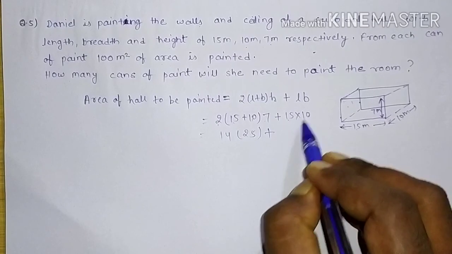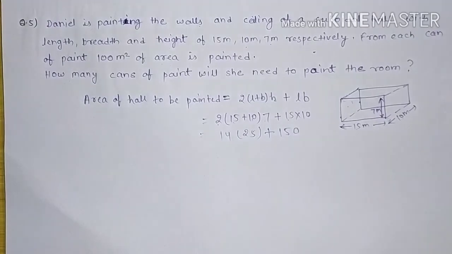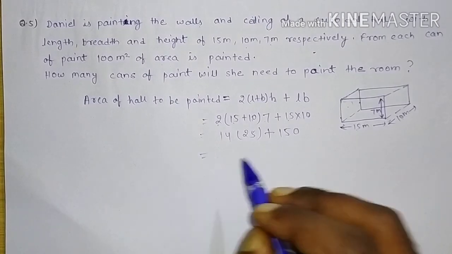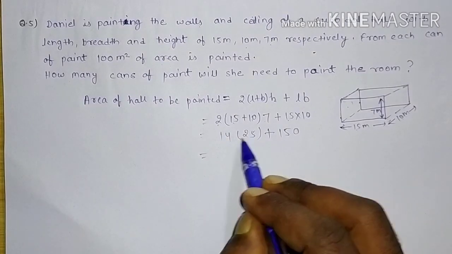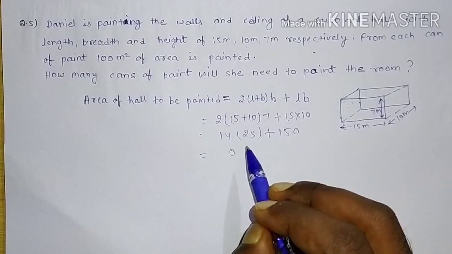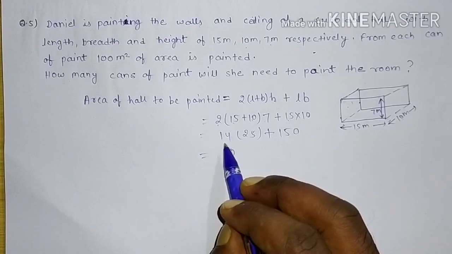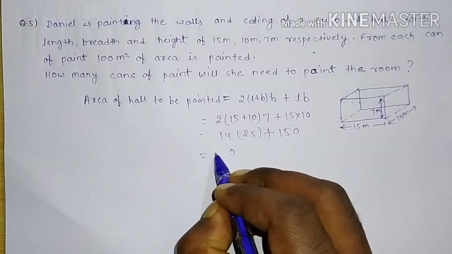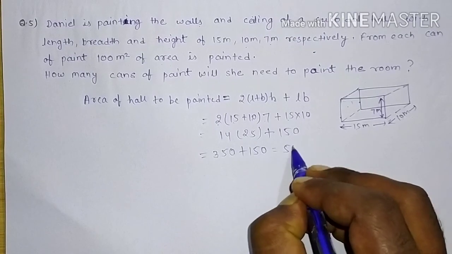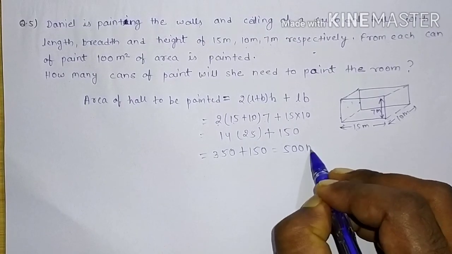Plus 15 into 10, that is 150. Now 25 into 14: 25 times 4 is 100, 0 carry 10. 25 times 1 is 25, and 10 plus 25 is 35. Plus 150, this equals 500 meter square.